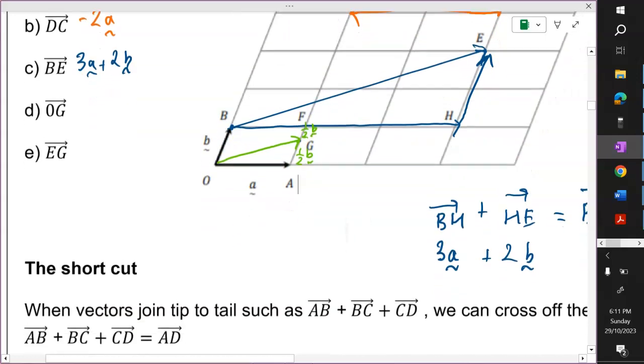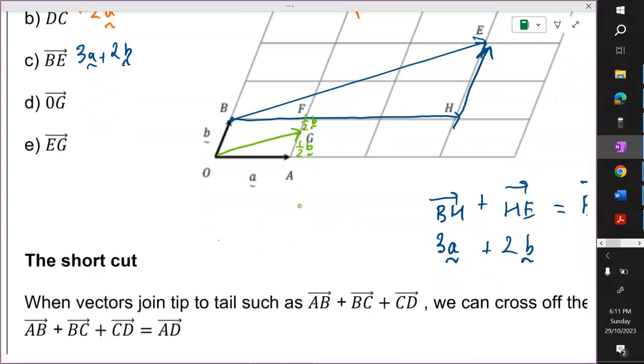So if we think again that OG is an addition vector, that's made up of this vector along here called OA, plus our vector up here, AG, that gives us OG. So I'll write that out down here.